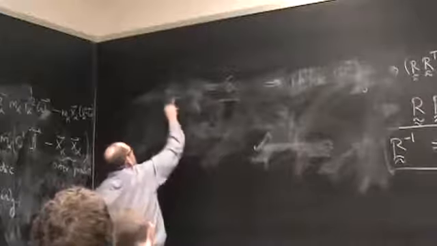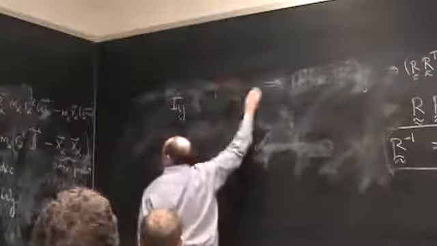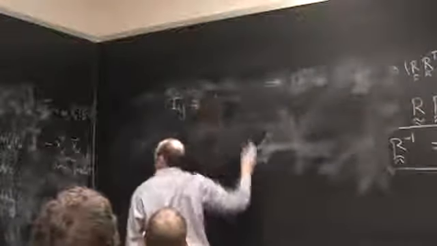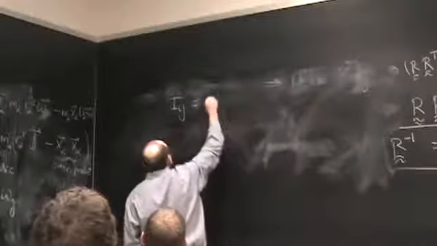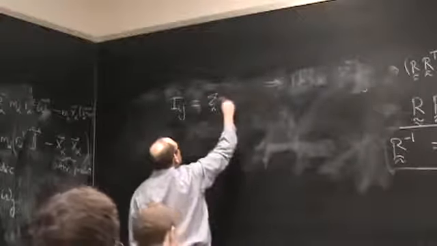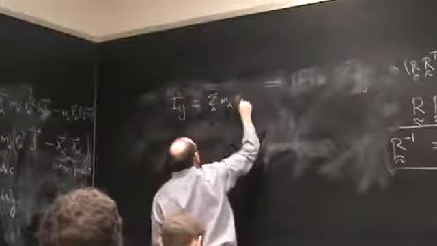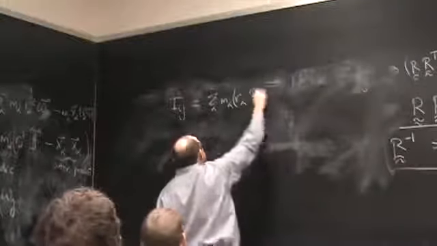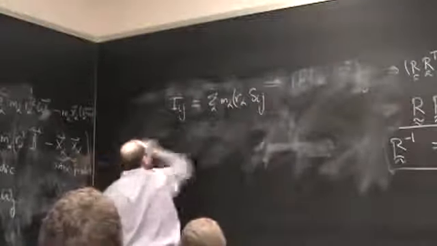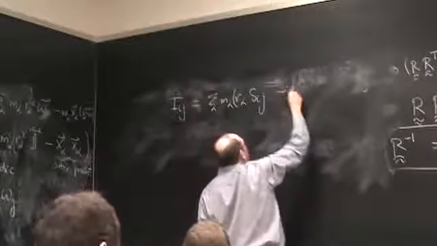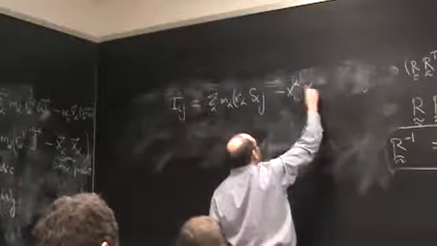So I_ij is equal to the sum over alpha of m alpha times r alpha squared delta_ij. That's the ij component of the identity, minus the ith component of x alpha times the jth component.